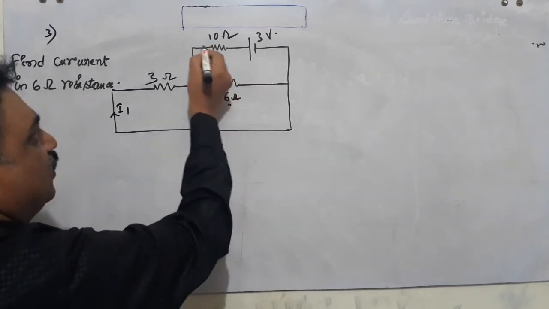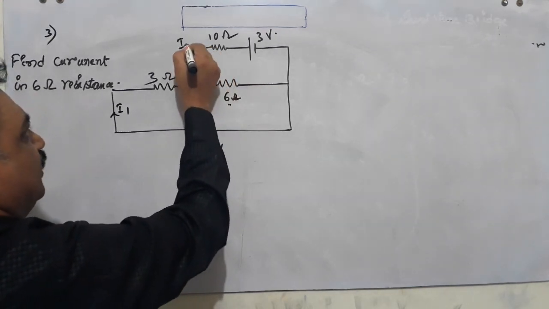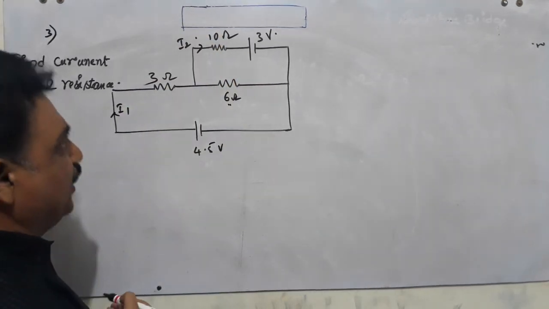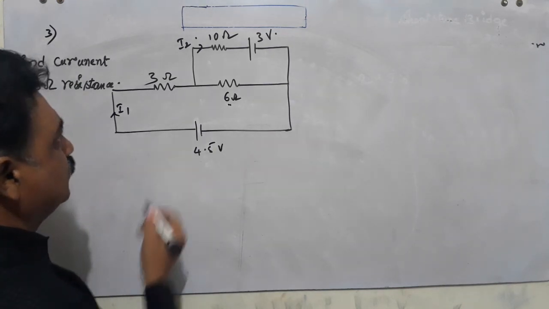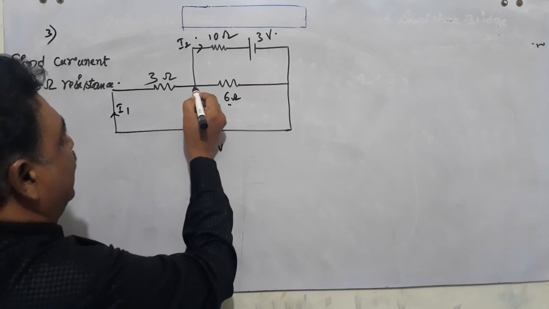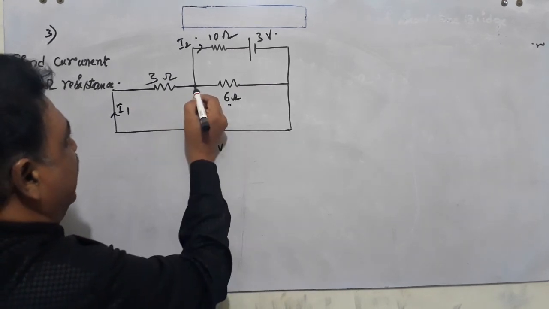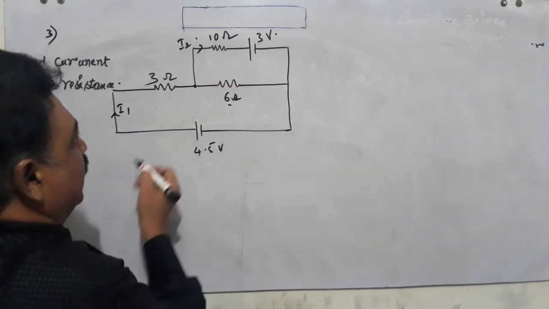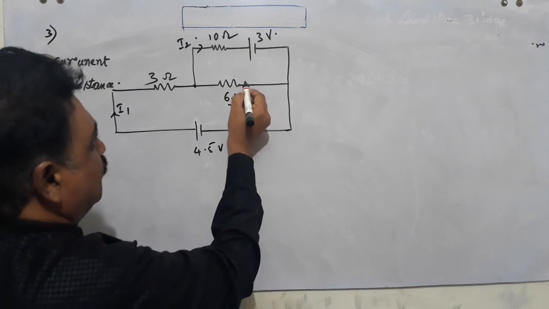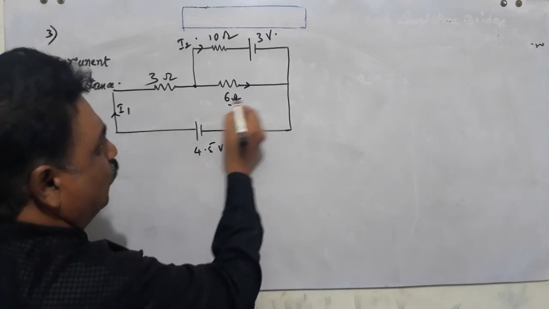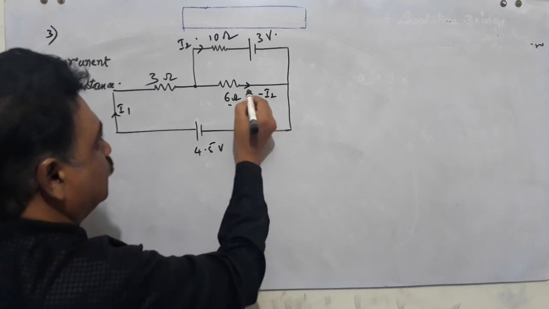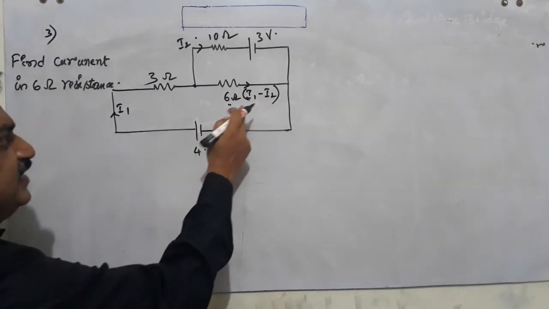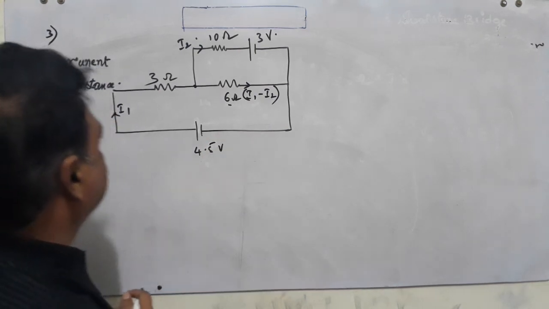And here, I am considering the current as I2. In this situation, say this current I1 is coming like this and I2 is going like that. So here, in this 6 ohm path, there is current I1 minus I2. This we are going to find.